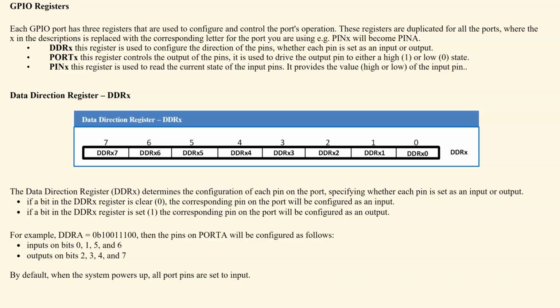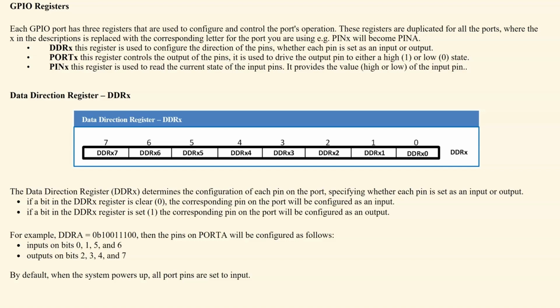Each GPIO port has 3 registers that are used to configure and control the port's operation. These are the data direction, port and pin registers. Note, the X is replaced with the letter of the port. The data direction register configures each pin on the port for either input or output, where if the bit is 0, the corresponding pin on the port will be an input.